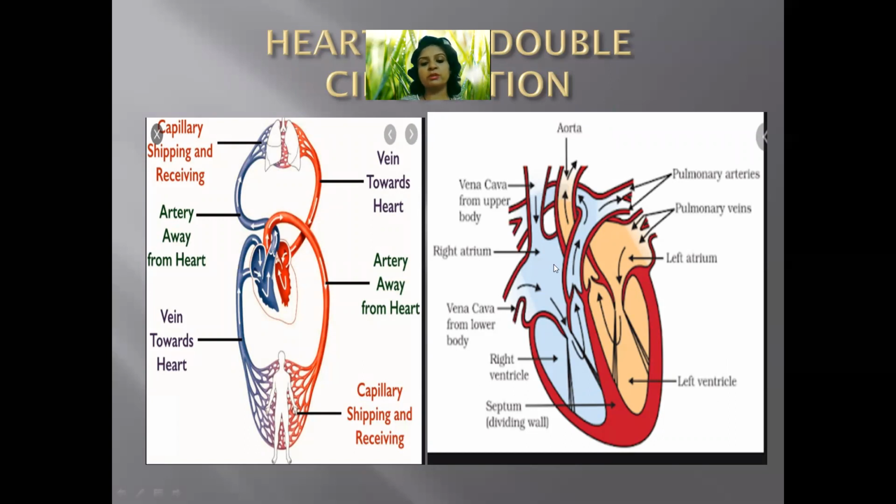From the right atrium, it is going to the right ventricle. From the right ventricle, it is moving away from the heart. Now, away from the heart is taken by the arteries. So, these two are the arteries, the arteries which are carrying the blood from the heart to the lungs.